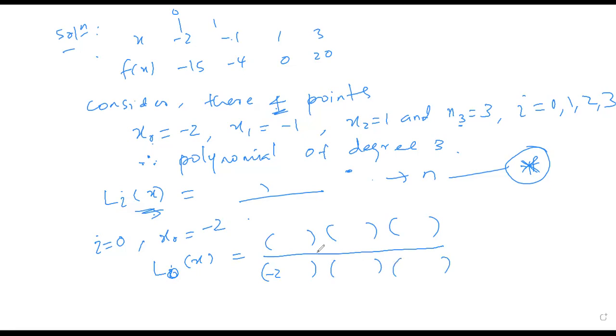Okay, if I am taking the 0th value, I'll take another color so it will be easy to distinguish. For example, if I am working with this value, I need to omit this one, but I need to add all the other terms now. So I need to have x minus -1, x minus the other one, sorry.